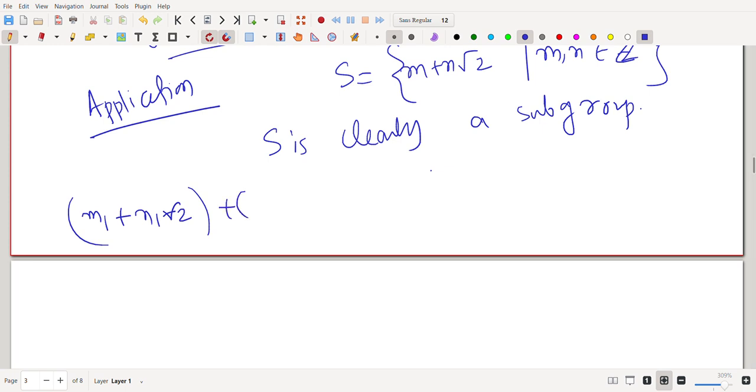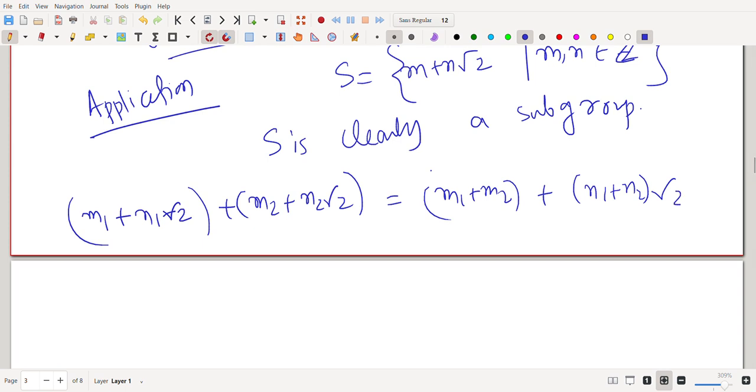m1 plus n1 root 2 plus m2 plus n2 root 2 is basically the same as m1 plus m2 plus n1 plus n2 root 2. And in particular, you can show that 0 belongs to this S, because 0 plus 0 times root 2, which is basically 0, is inside it. And m1 plus n1 root 2 implies that minus m1 minus n1 root 2 is inside S also. So this is a subgroup.